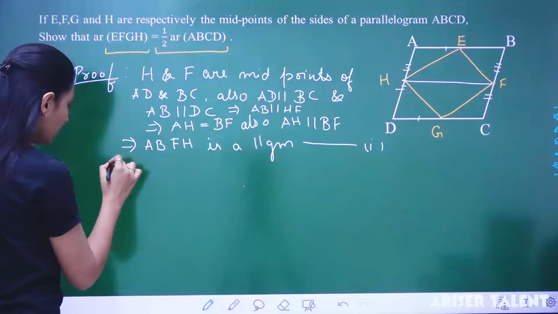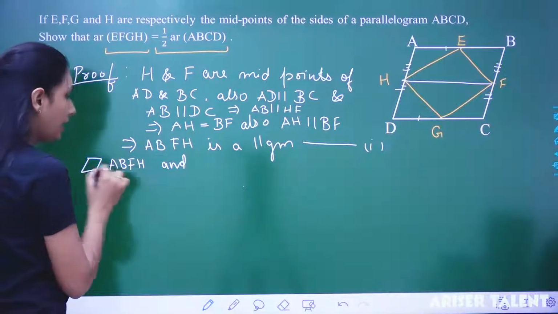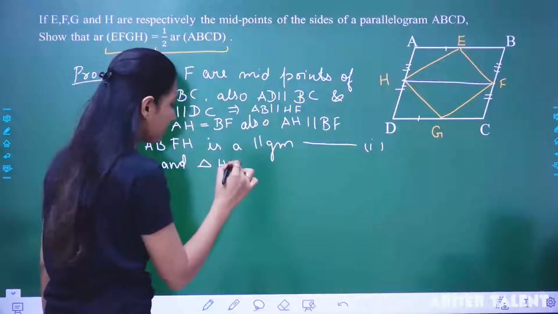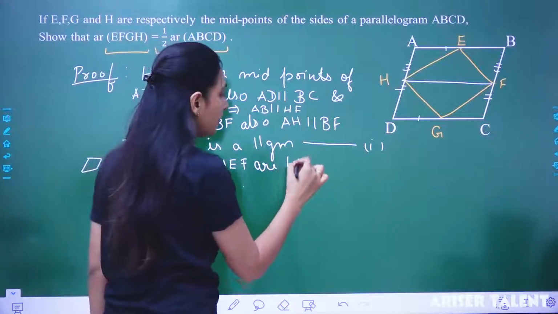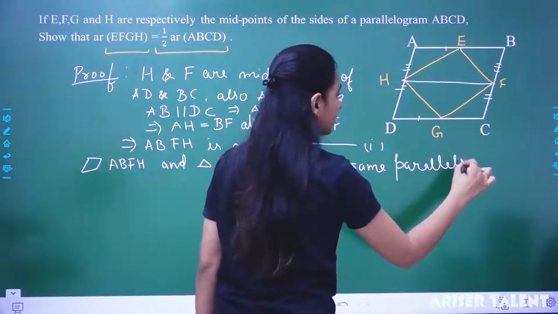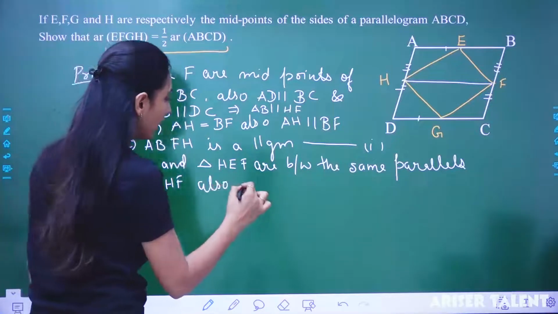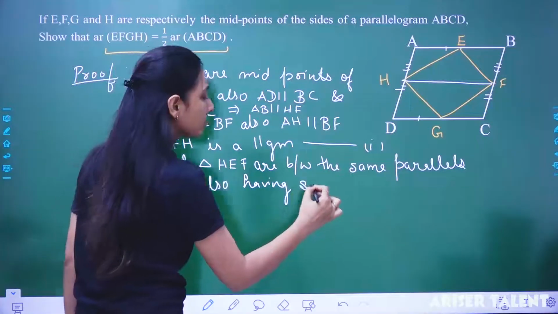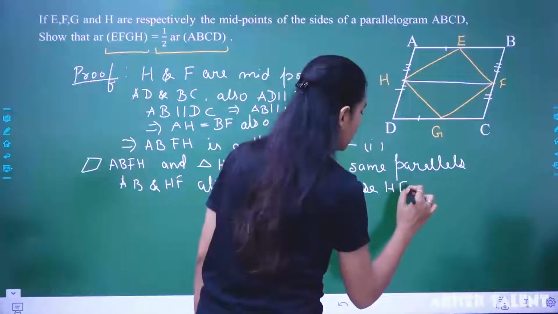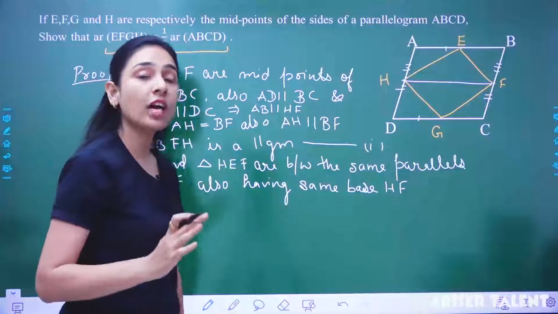If this ABFH is a parallelogram, then it and the triangle HEF are between the same parallels AB and HF, and also have the same base HF. If we have the same base between the same parallels, what is the relation between the area of the parallelogram and the area of the triangle?